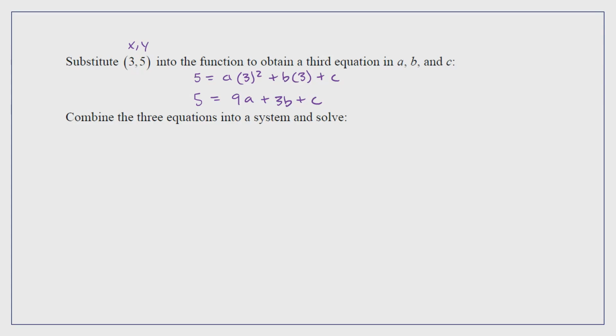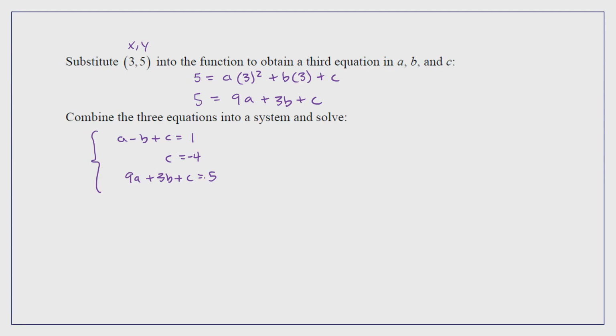So now we want to combine the three equations into a system. So we have a minus b plus c equals 1. We have c equals 4, -4 actually. And we have 9a plus 3b plus c equals 5.